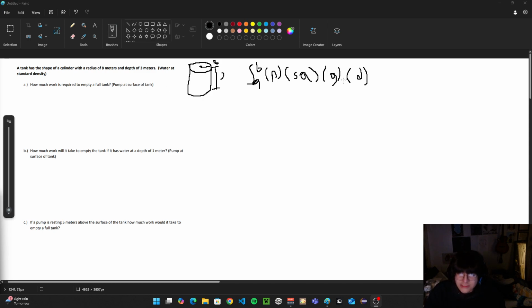So what we need to know is this formula right here: the integral from a to b of rho times surface area times gravity times the distance. Rho is essentially the density. It says water is at standard density, so that would be 1,000.